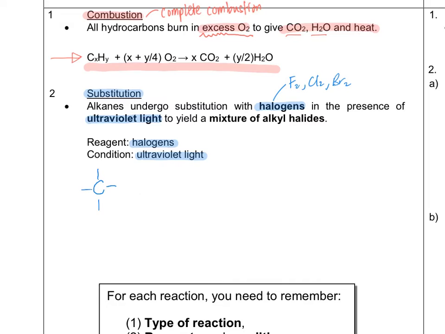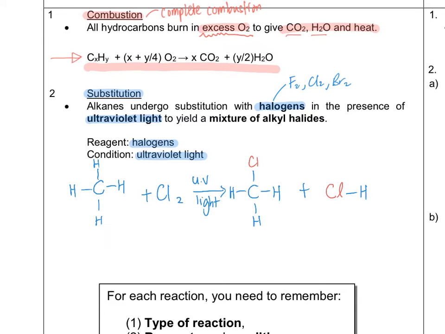If I have methane, CH4, and I have chlorine gas, and I have UV light, what will happen is one of the hydrogens will be replaced with chlorine, and you get CH3Cl with HCl as your product.